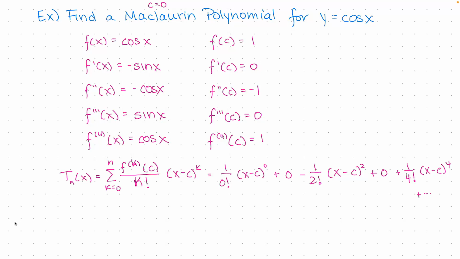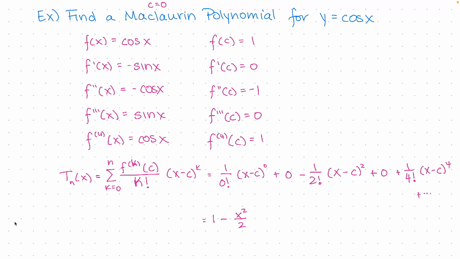Because now when we simplify it, you can see a very nice pattern. First of all, what is c again? So I could have been plugging in 0 there. What's that first term equal to? This term right here. Yes, just 1. I'm not going to write the plus 0 this time. So let's go to the next term. How can I write the next term simplified? 1/2 x squared. 2 factorial is 2 times 1. So this is x squared over 2, minus x squared over 2. Not going to bother with the 0.